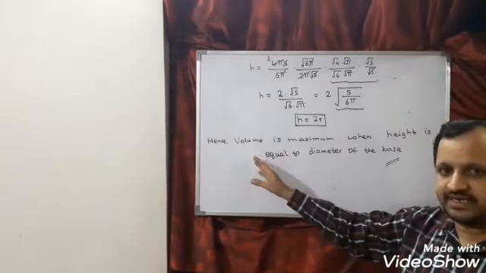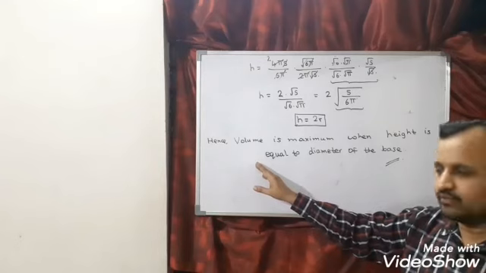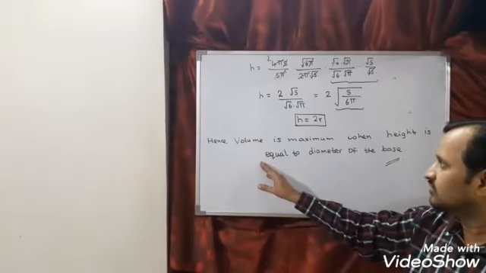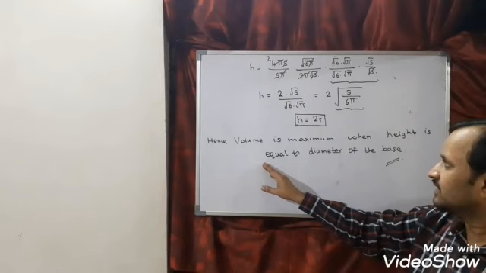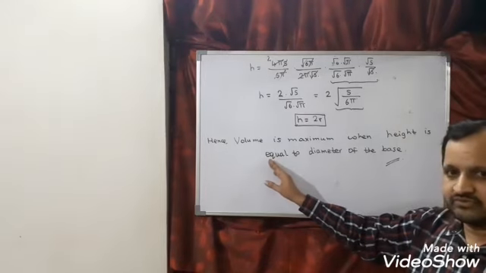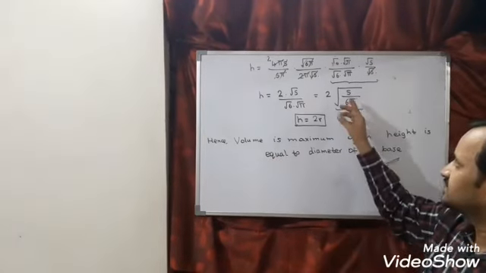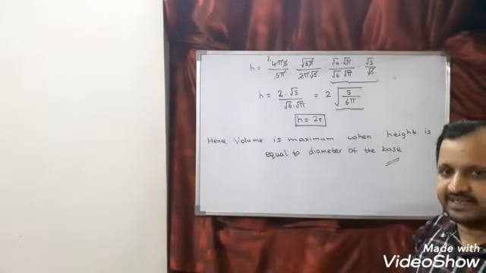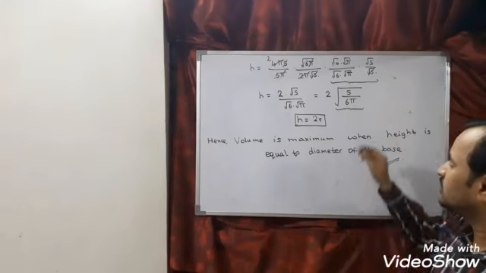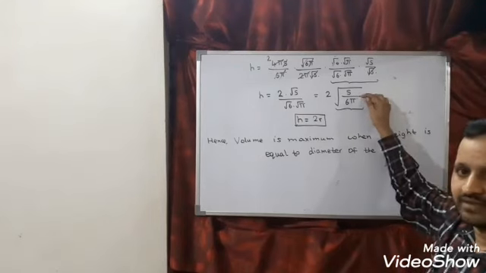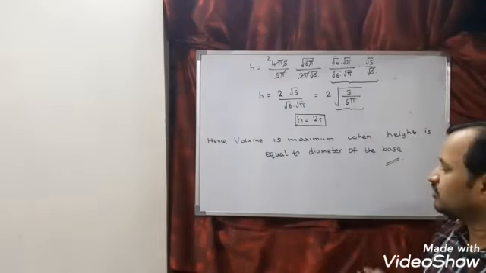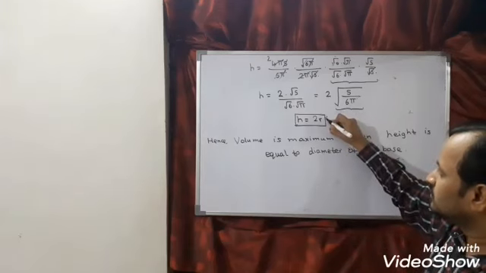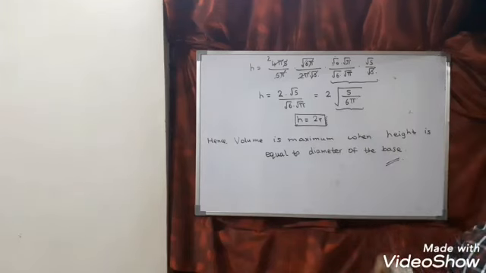So find dV by dr, equate dV by dr equal to 0, you will get the value of r, which is square root of s divided by 6 pi. Again find the second derivative at r equal to root over s divided by 6 pi, and finally you will get height equal to the diameter of the base.